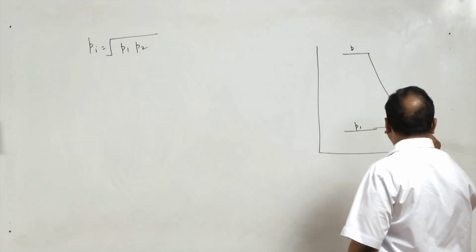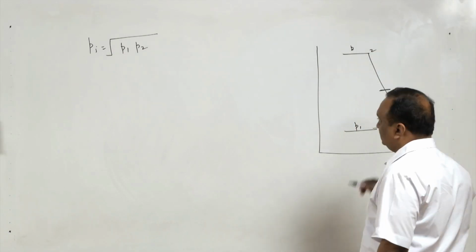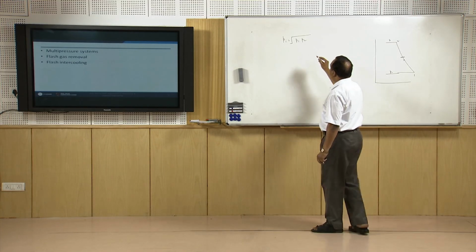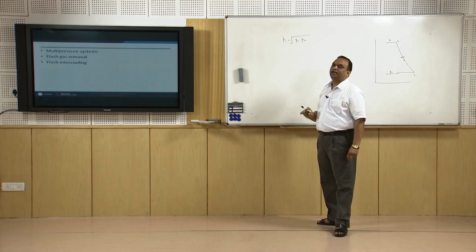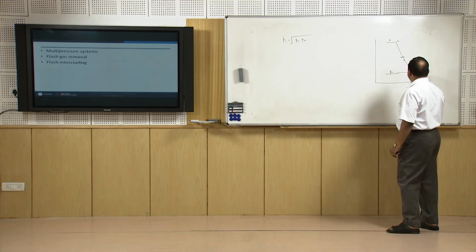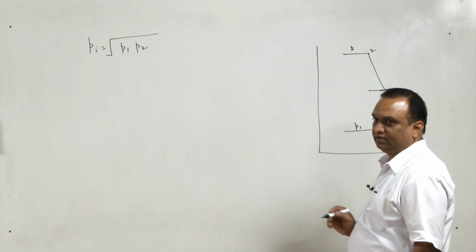This is P1 and this is P2 and it will come somewhere here. We also discussed that this is valid only for ideal gases where perfect intercooling is taking place. Perfect intercooling means after intercooling the temperature is equal to the initial temperature.